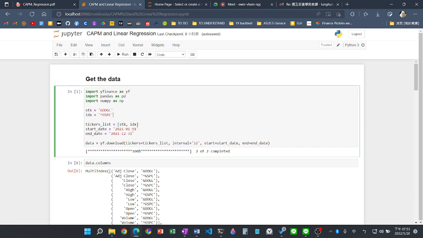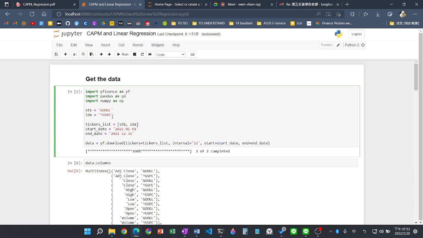We are using the Yahoo Finance package to download the data we want. Let's say today I want to get the Google stock, and I want to use this GSPC index, and I think it stands for the S&P 500, right?